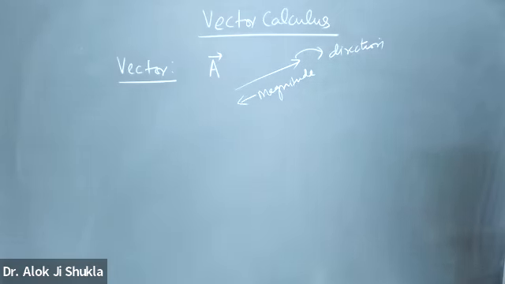So in certain quantities, both are very important. What are the two things that are very important for certain quantities? Direction and magnitude. So that will be known as a vector quantity.